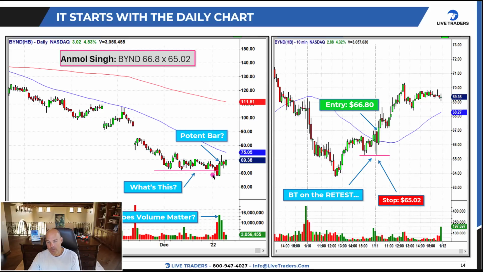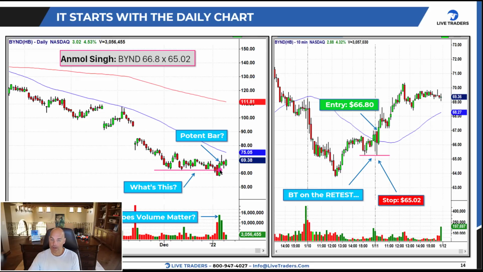But anyway, it breaks down. Big volume spike, and then immediately does what? It gets engulfed on bigger volume. So the wide range red bar, nice.